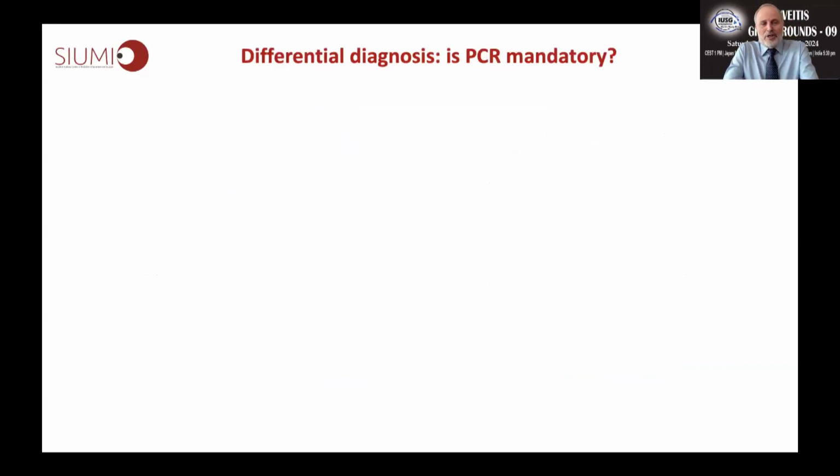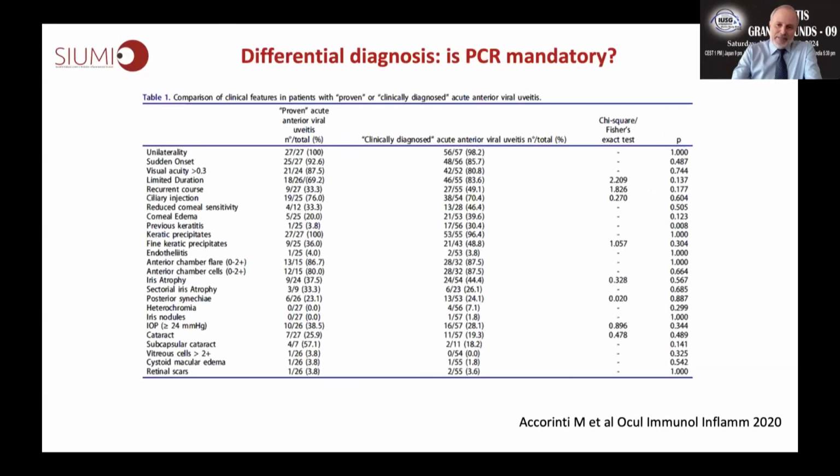Another important thing to address is whether PCR is mandatory to diagnose viral uveitis. We have demonstrated that in a referral center, at least, all the signs and symptoms of uveitis you can find on the left side of your slides are exactly the same whether you make a clinical diagnosis or you have a proven acute uveitis.